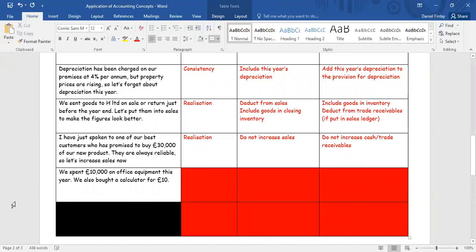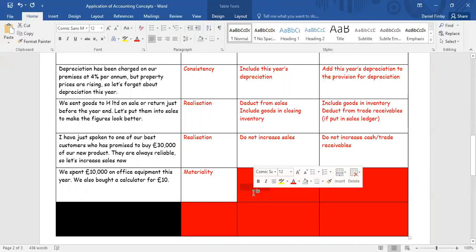We spent £10,000 on office equipment this year. We also bought a calculator for £10. Now, I hope we will agree, £10 compared to £10,000 is very, very small. So I'm not going to include that £10 with the £10,000, although a calculator is a non-current asset. Since it's such a low value, we class it as an expense and we don't bother depreciating it because of the concept called materiality.